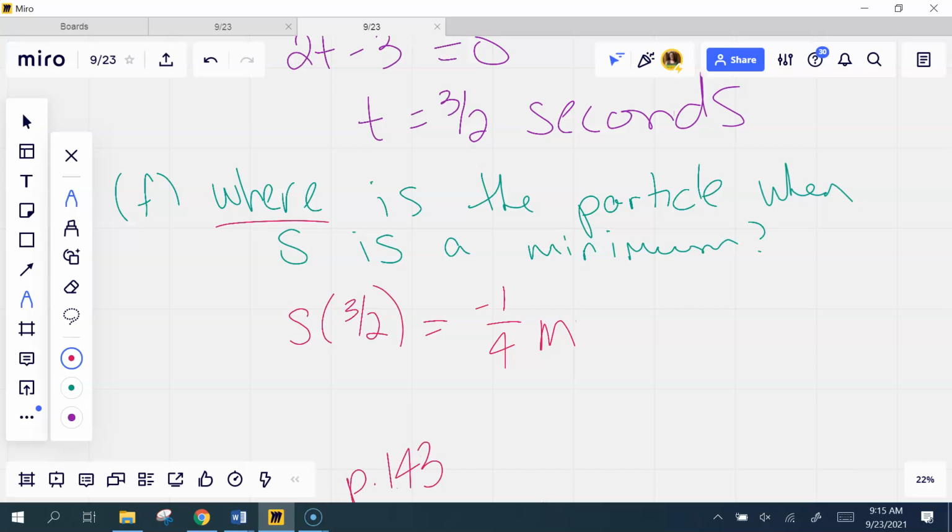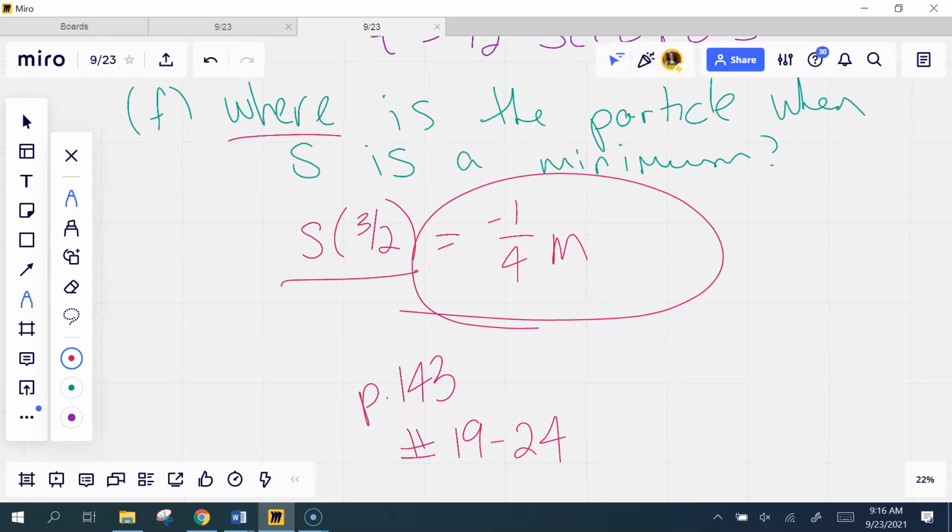He starts at 2, and he moves, but then he changes direction. Where does he end up at the end of 5 seconds? This is at the minimum. Which equation am I plugging in? S, the position. Oh yeah, I know which one. t squared minus 3t plus 2. The original.